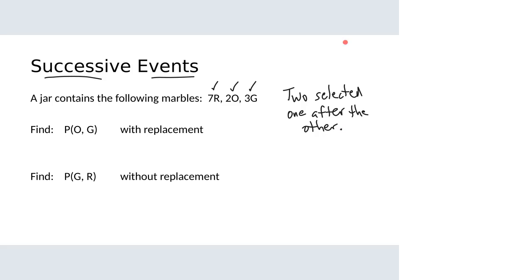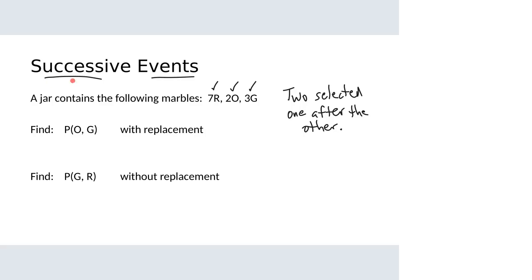The first question says, find the probability of getting orange followed by green with replacement. That means after I pick out the first marble, I'm going to put it back in the jar, and then we'll pick the second one. So I need orange followed by green.